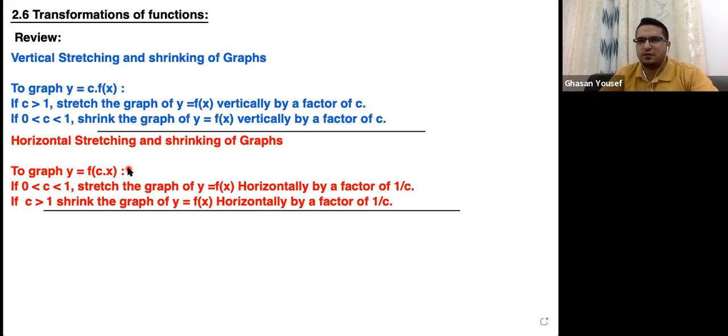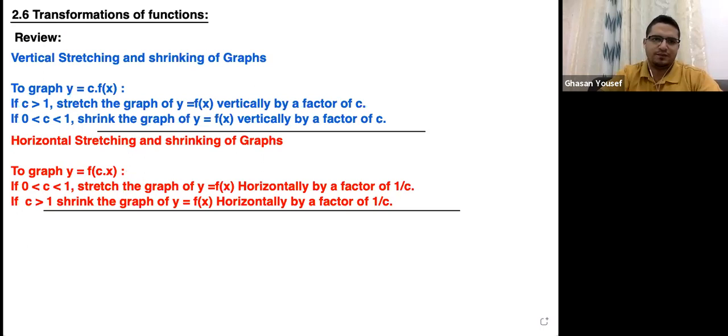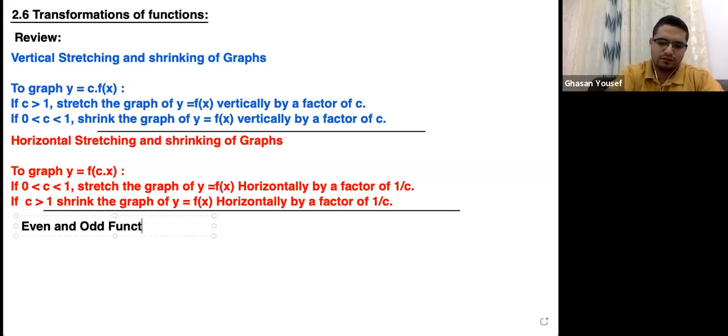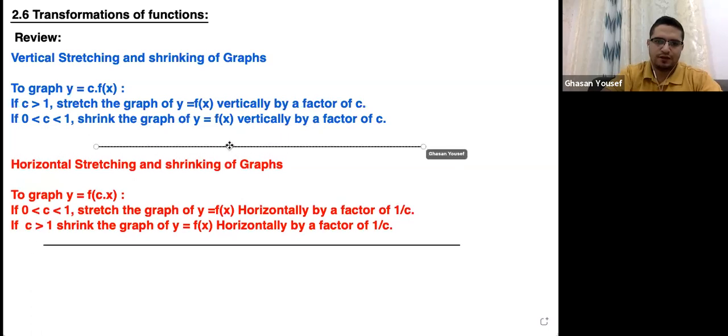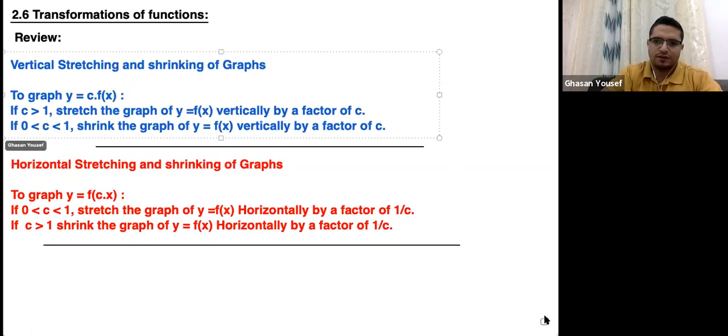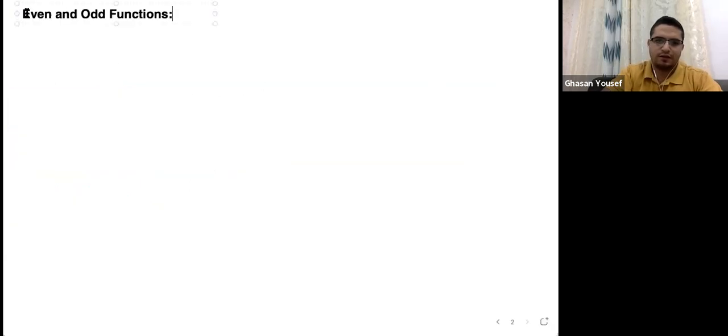I'm going to define what is the meaning of the even function and what is the odd function, and also I'm going to give examples of how we can determine if the function is even or odd. So here, even and odd functions.